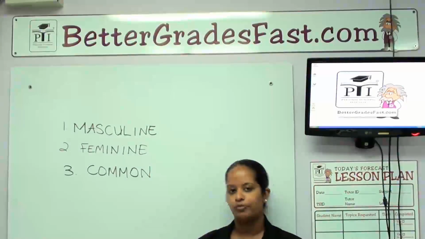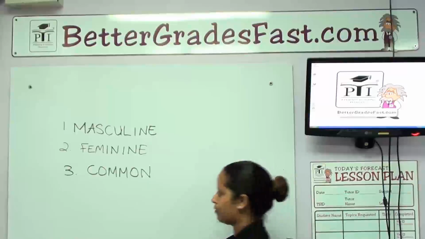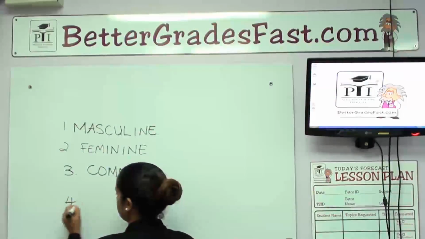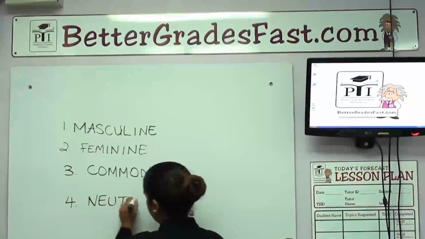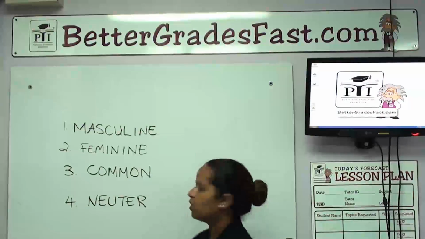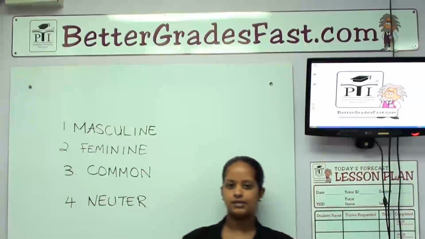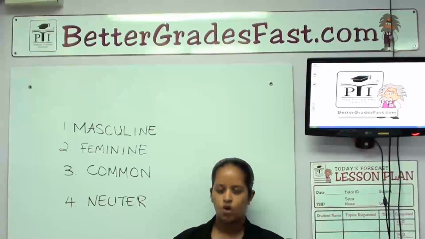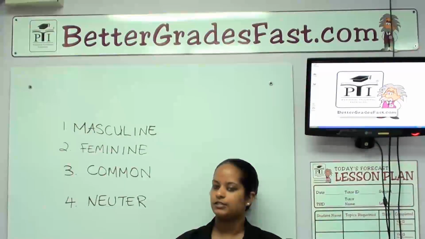The final group regarding gender of nouns is known as the neuter gender. When something is neuter in gender, this means that it is inanimate. When something is inanimate, this refers to the fact that it is not living.